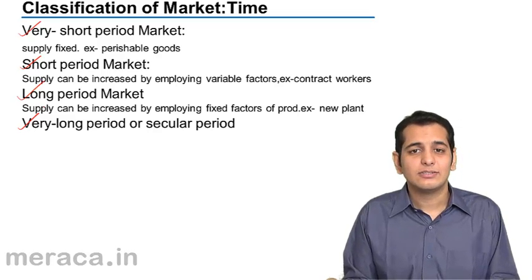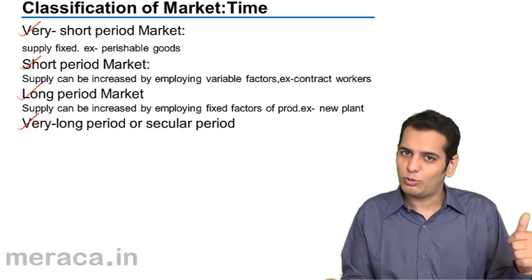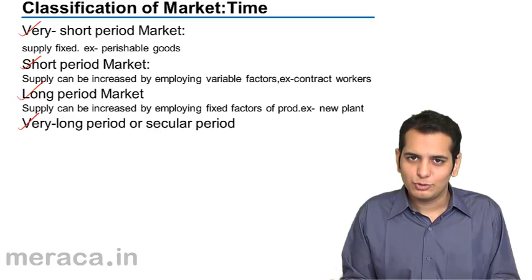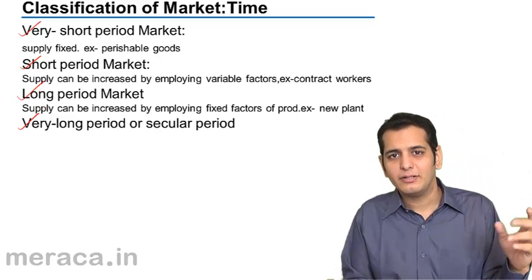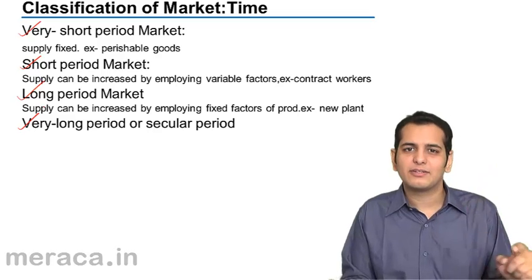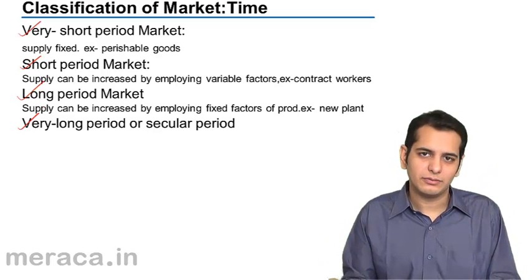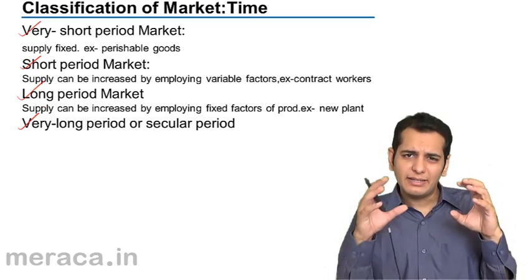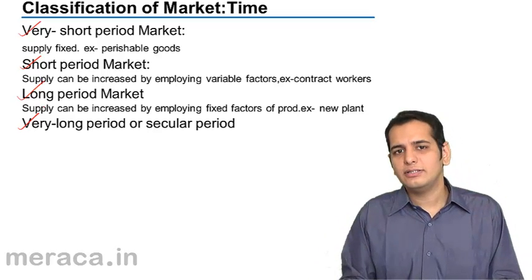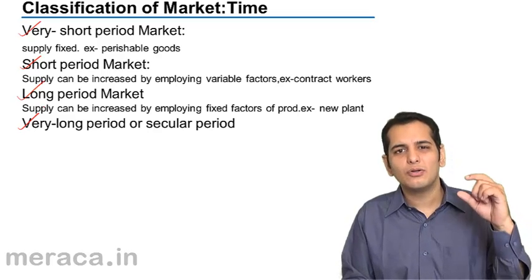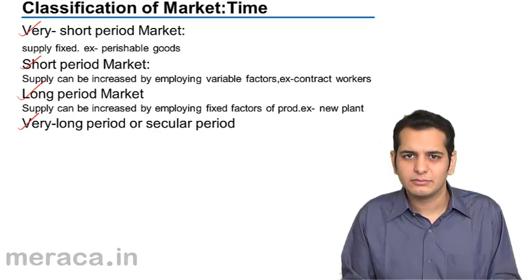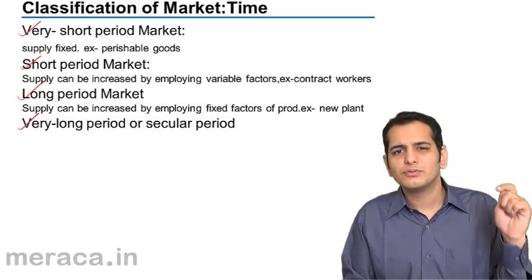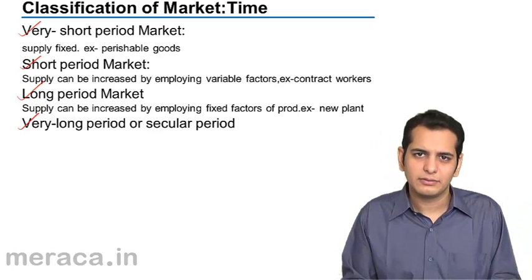There we had studied what is short run and what is long run. So, short run is a time period wherein only one factor of production is variable. So, since we can vary one factor of production, we can change the supply of the goods, but not by a large extent. Only to some extent we can change the supply.